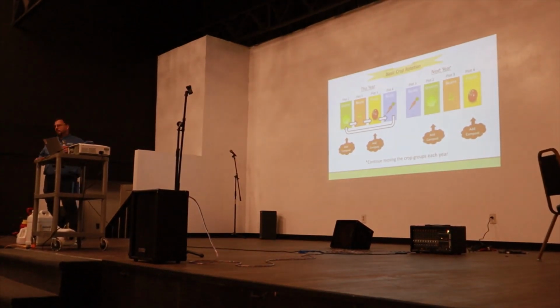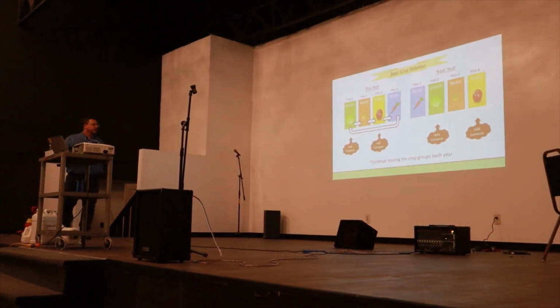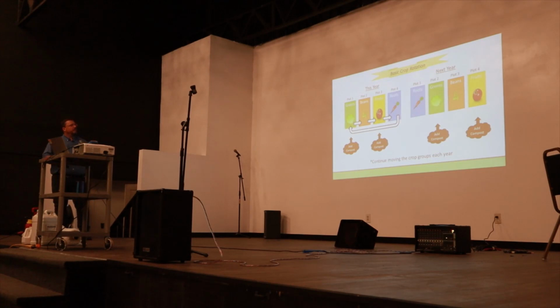That makes it easy to remember: greens, beans, fruits, and roots. The next year you're going to want to rotate those forward. You'll see that this root here, in last year, is over here in plot 1 the next year. This is just a simple example of how a crop rotation works. Our beans are moving over one to plot 3 in the next year, and so on.